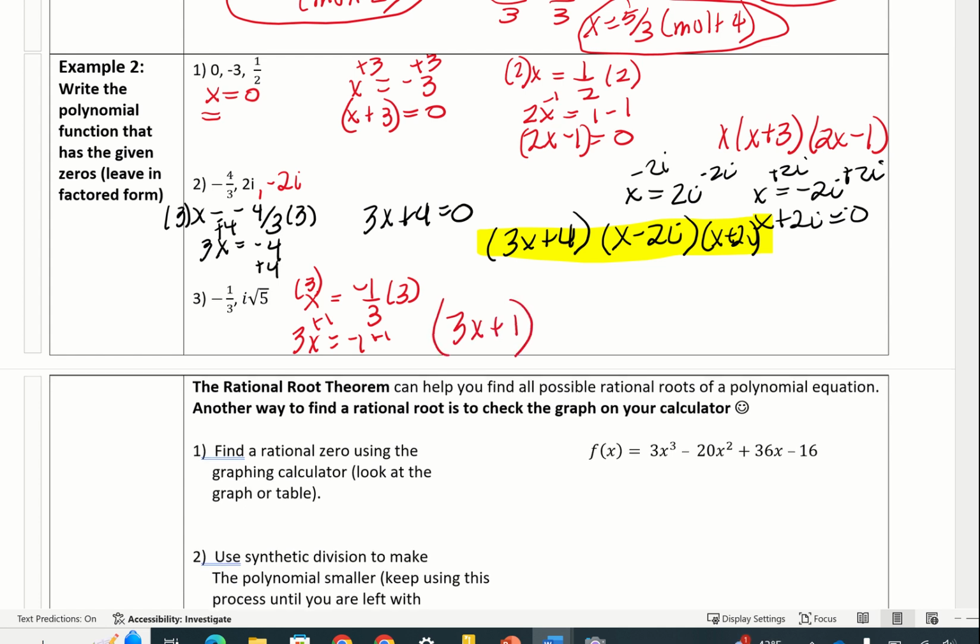And then the other two factors, because it's i root 5, it does have to have a negative i root 5. So those would end up being an x minus i root 5 and an x plus i root 5. And again, we could multiply those out, but we're not going to make you guys do that. So that's that factored form.